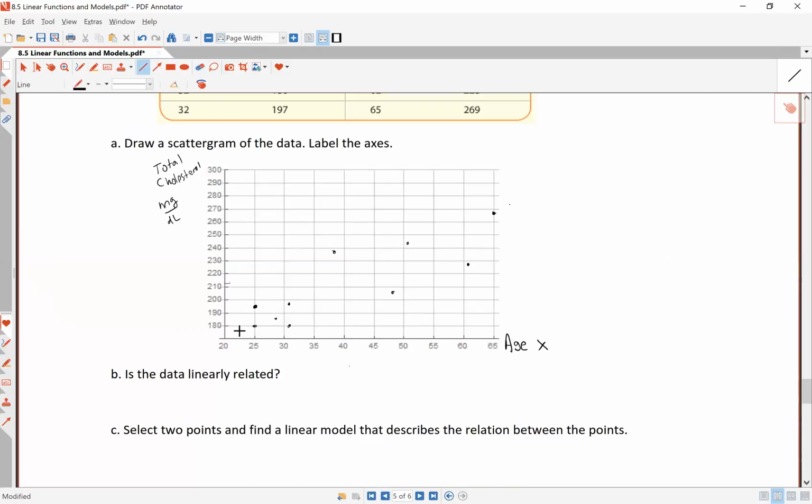So this choice is really up to you. For me, it seems like this first point and this last point are a good representative. Now you might argue that this third point and the last is also a good representative, and I couldn't argue with you there. This one and the last one might be a little too steep, so I'm going to go with the first and the last.